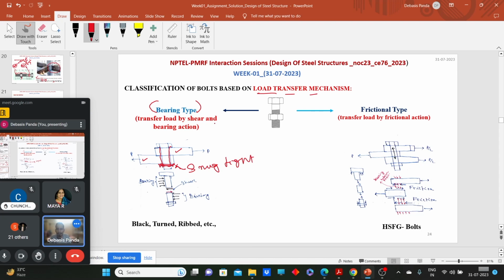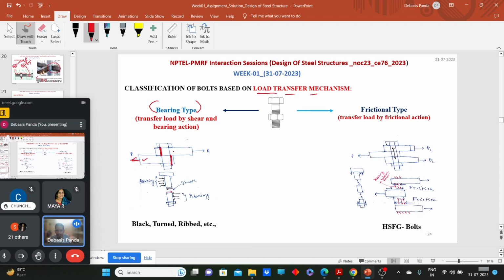Now I am applying the load. Just try to understand the phenomenon. Applying the load, what will happen? After a certain time, slippage will occur, and here you can see this side of the bolt comes in contact with the plate, and this side of the bolt also comes into contact with the plate, right?